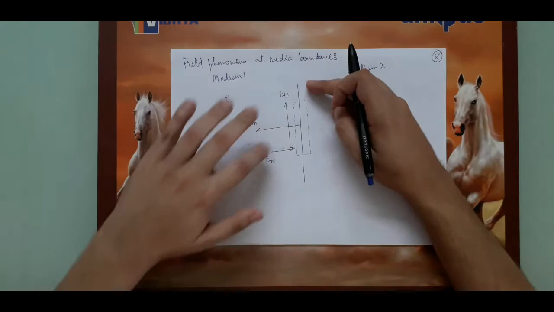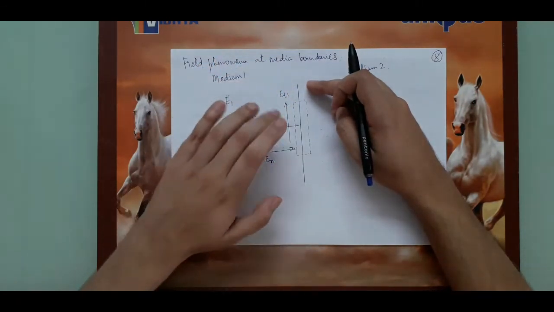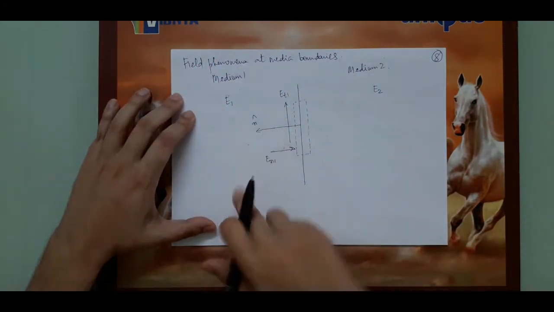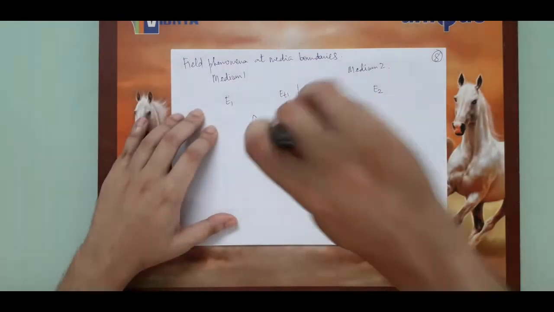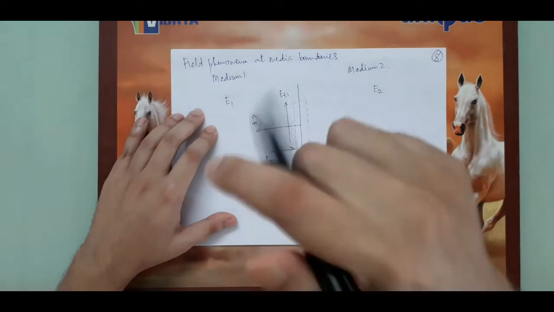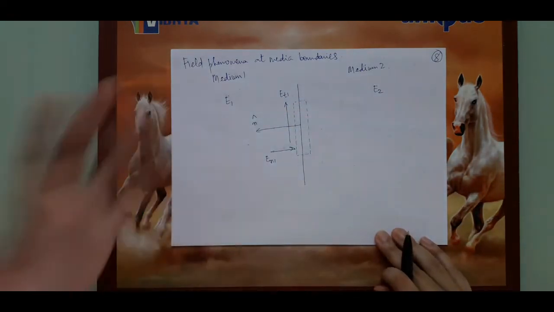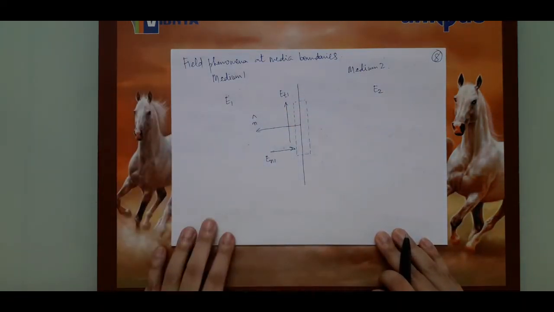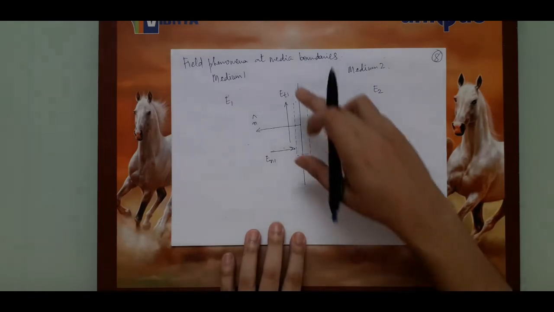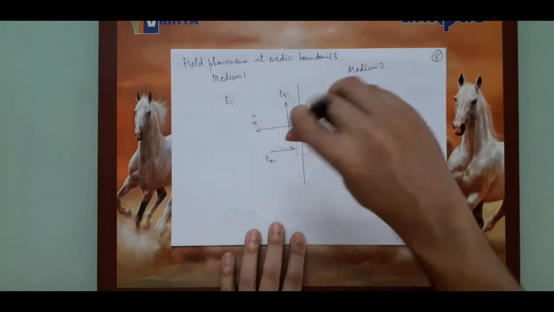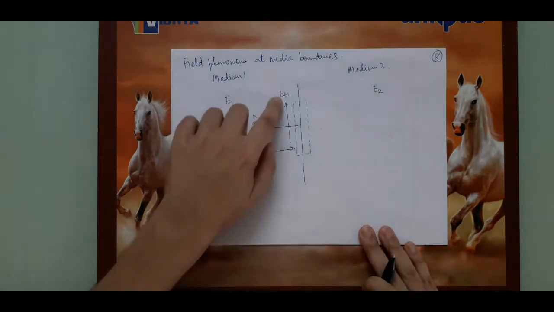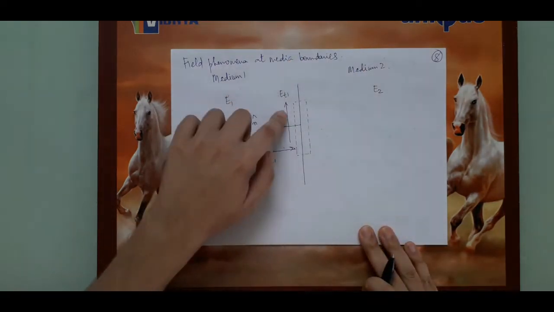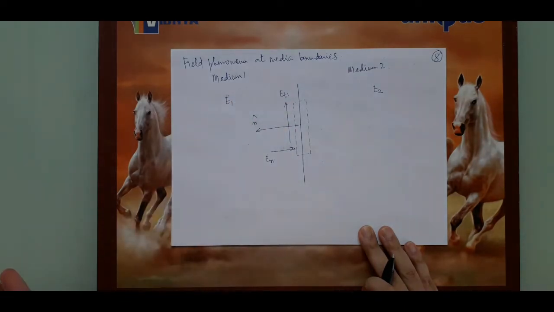Even though we are denoting the electric field in two components, we can also have a third component which is either coming out of the paper or going in. But there is no point in defining that, because if it is coming out or going in, it is parallel to the medium. So it will behave the exact same way as the tangential field. So no need to define the third component.